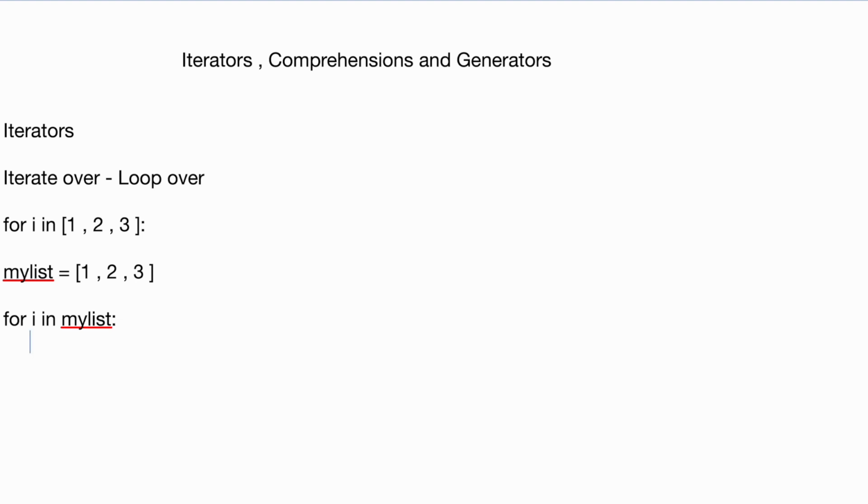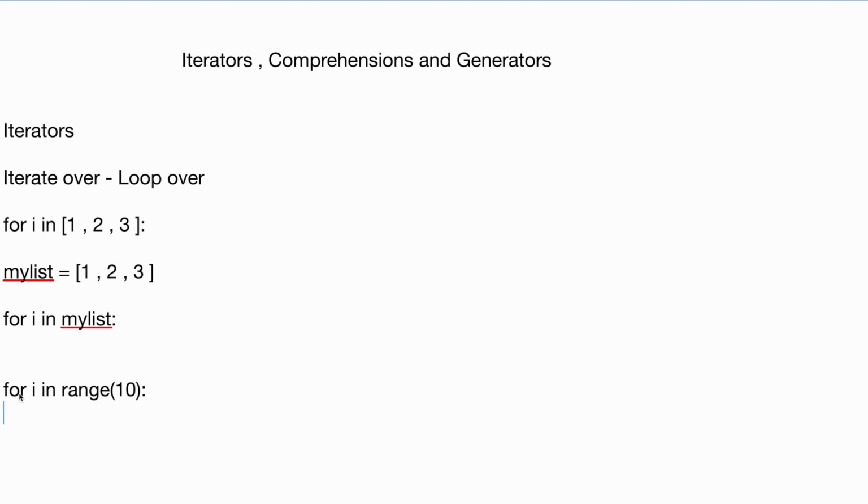Now friends, if we are doing this for loop, then we are passing a list, whether as a raw list or like this. Sometimes we pass range also, for i in range(10), right? You may have seen this also.